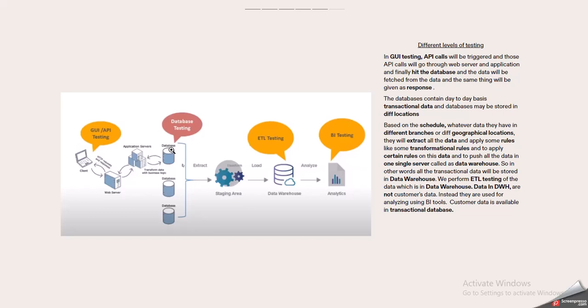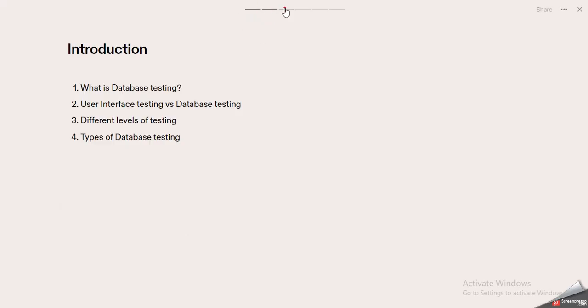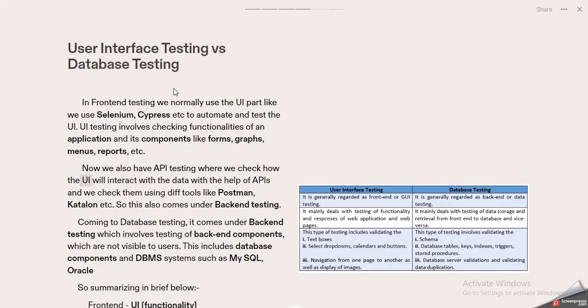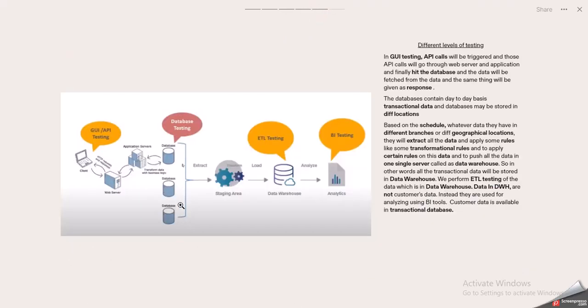Now what happens after database testing? This part is normal, like what we discussed previously. Whatever I covered here, what is database testing and what is UI, API, and database testing, all these are covered up to this section. So I'm repeating once more. Here we automate the UI of the client, the front end, using Selenium or Cypress.